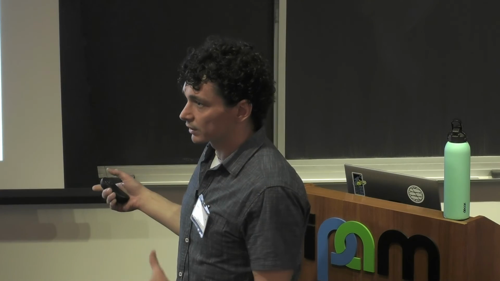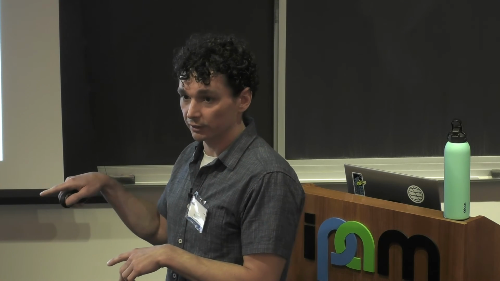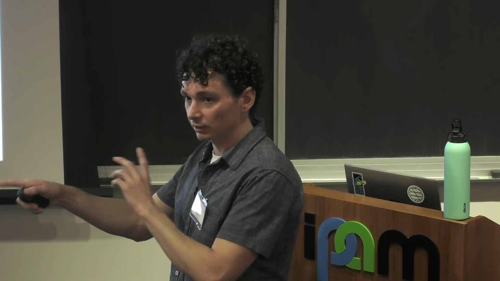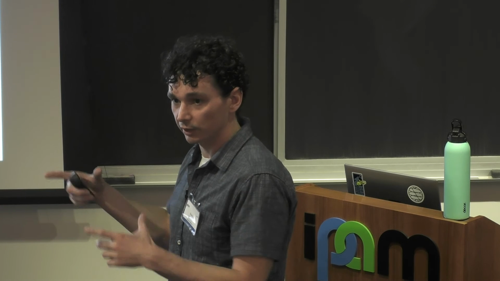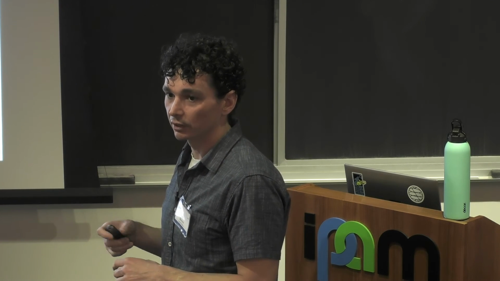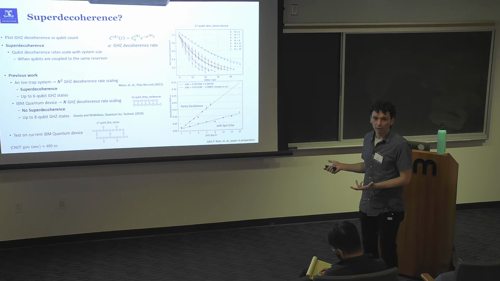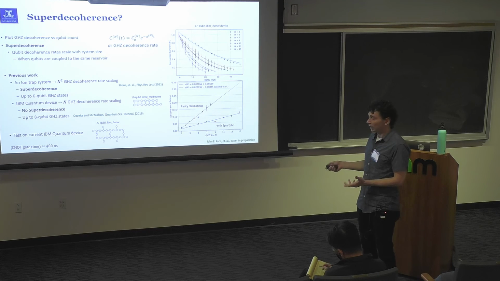If the qubits are coupled to a single reservoir, then you get this super decoherence going on. But if they can be modeled as being coupled to separate reservoirs in the environment, then you won't get the super decoherence. I don't know if it's guaranteed, but maybe things are not perfect in the real world. But we have no evidence of it at the moment.